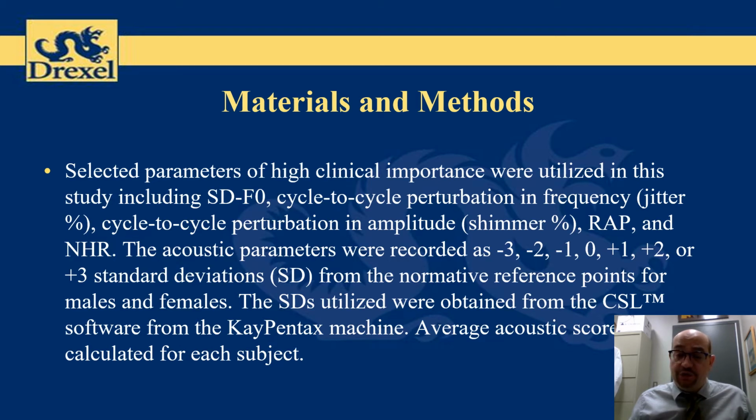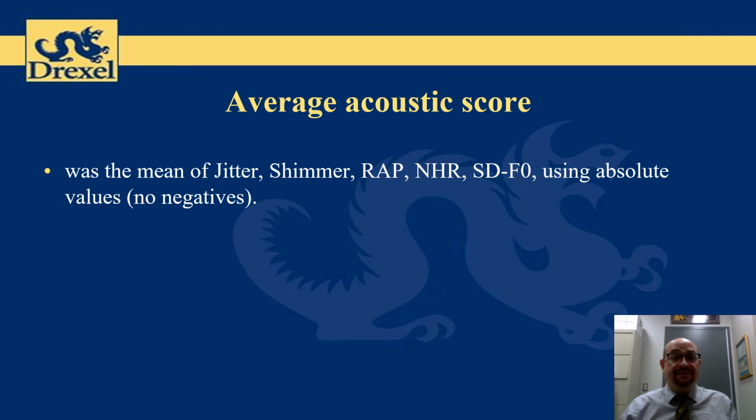Average acoustic score was calculated for each subject. Average acoustic score was the mean of jitter, shimmer, RAP, noise to harmonic ratio, and standard deviation of fundamental frequency using absolute values.